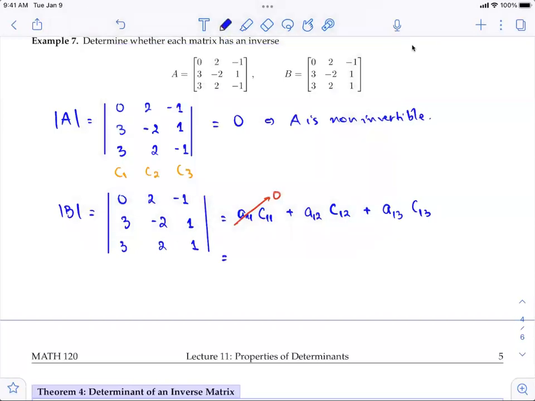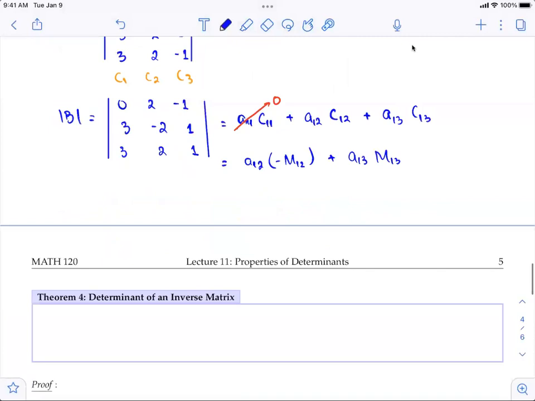So here you get A12 times negative M12 plus A13 times C13, which should be positive. So positive, negative, positive, times positive M13.